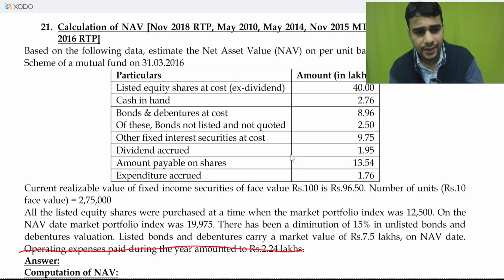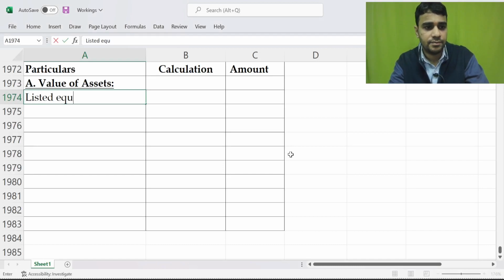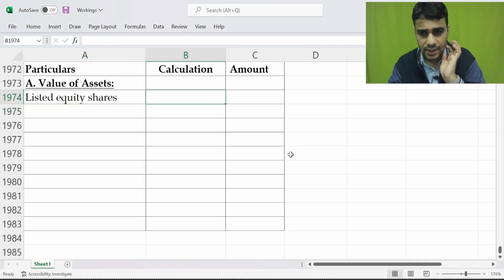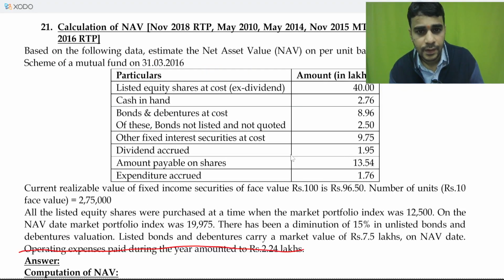We'll go item by item. Listed equity shares. The cost is 40 lakh. When you purchased, it was 40 lakh.